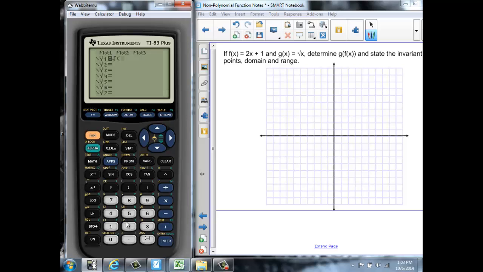Okay, so if I were to square root the graph 2x plus 1, and I were to compare it to the graph 2x plus 1, let's graph these guys. There's the graph of the square root of 2x plus 1, and here's the actual linear line.